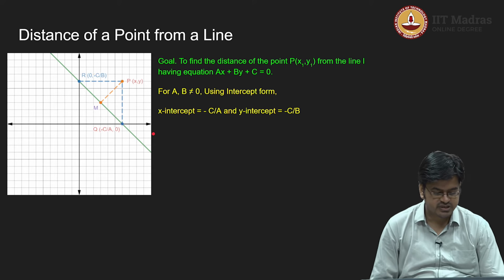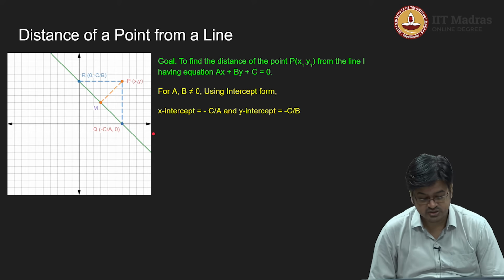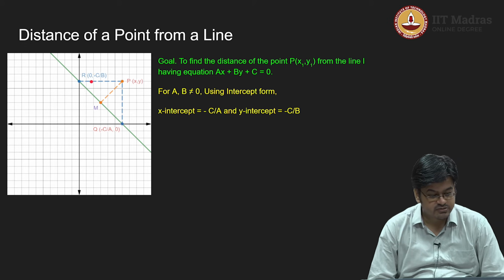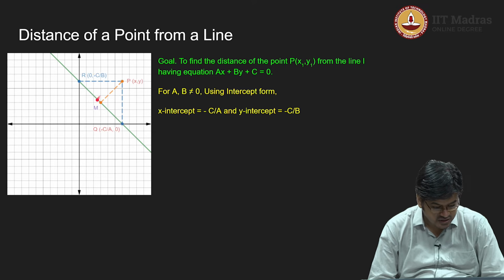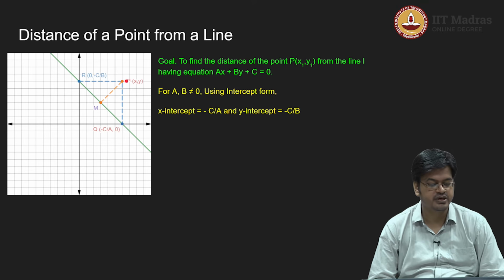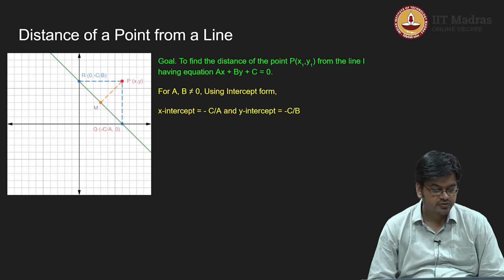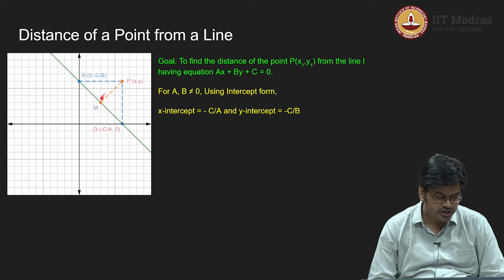Let us see what geometric objects are associated with this. You can see from the dotted lines that the geometric object I can associate with this distance is a triangle PQR. If I want to find the distance PM, I can take help of this triangle PQR.